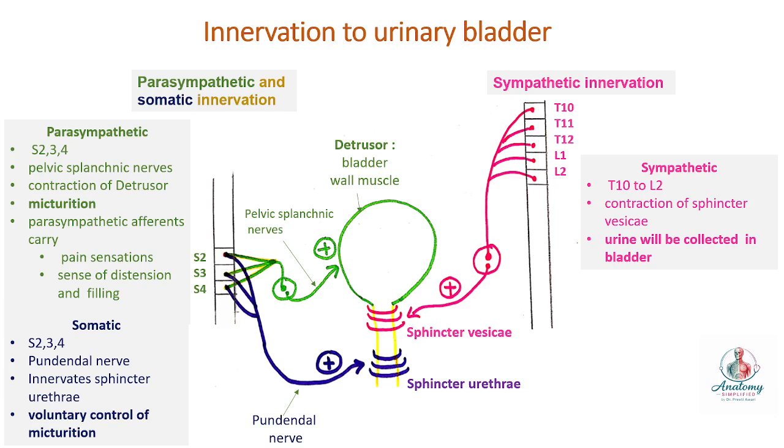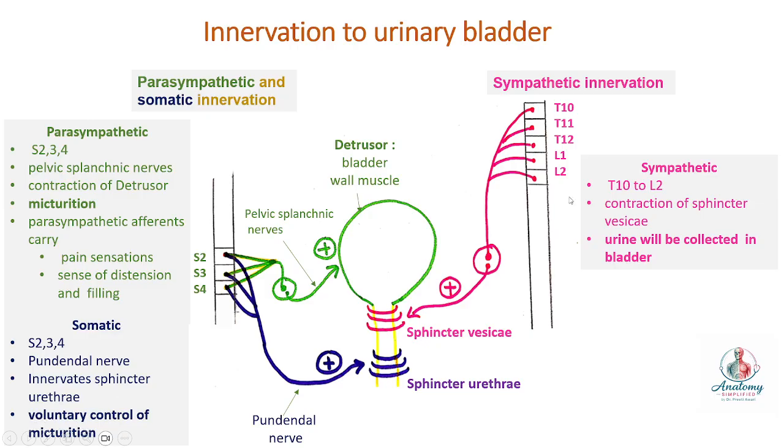Then you can go. At that time the baby is trying to hold the urine. This is voluntarily controlling the micturition. Even though the internal opening is open, the sphincter vesicae are open, the sphincter urethrae are closed. That helps in voluntary control of micturition. That is the significance of this somatic component.